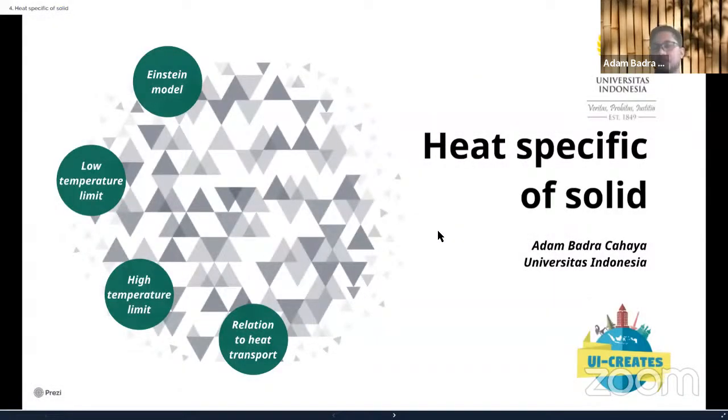So why do we study heat specific of solid? Because it has some relationship with the heat transport, and we will study the high temperature limit and the low temperature limit, and also we will describe an interesting model by Einstein. Maybe you did not expect that Einstein made a contribution in this area, but Einstein was quite a theoretical physicist who studied a wide area of physics.